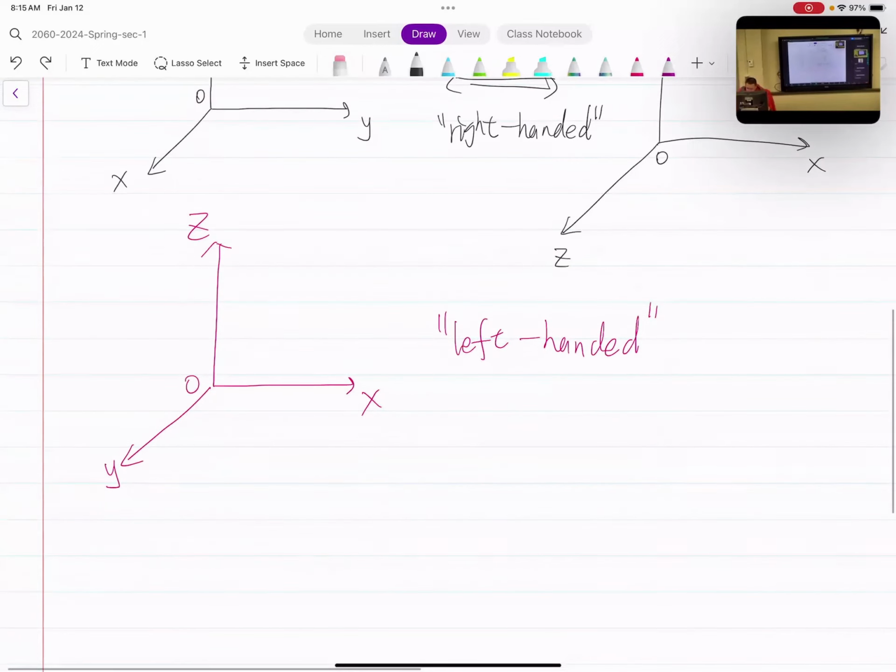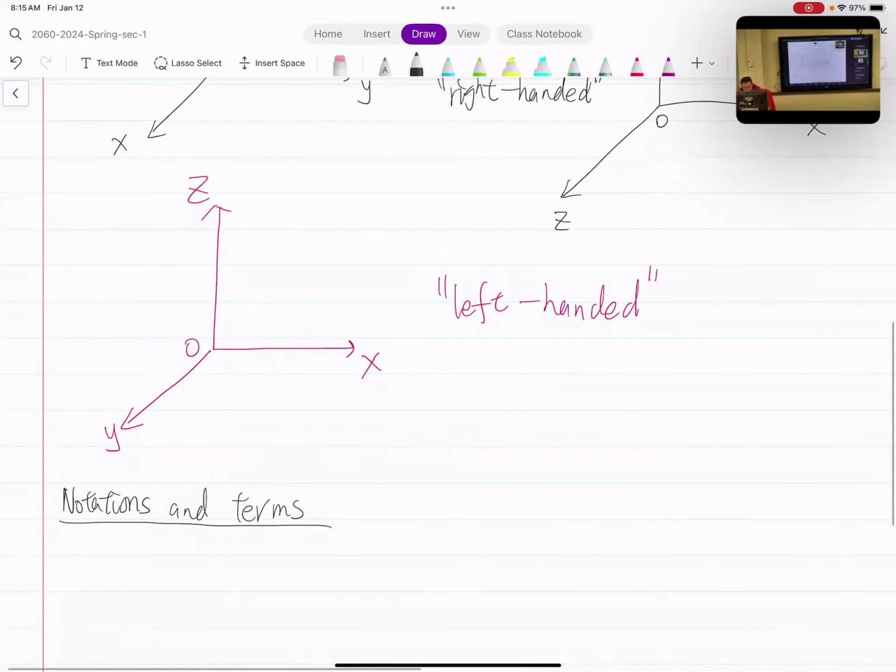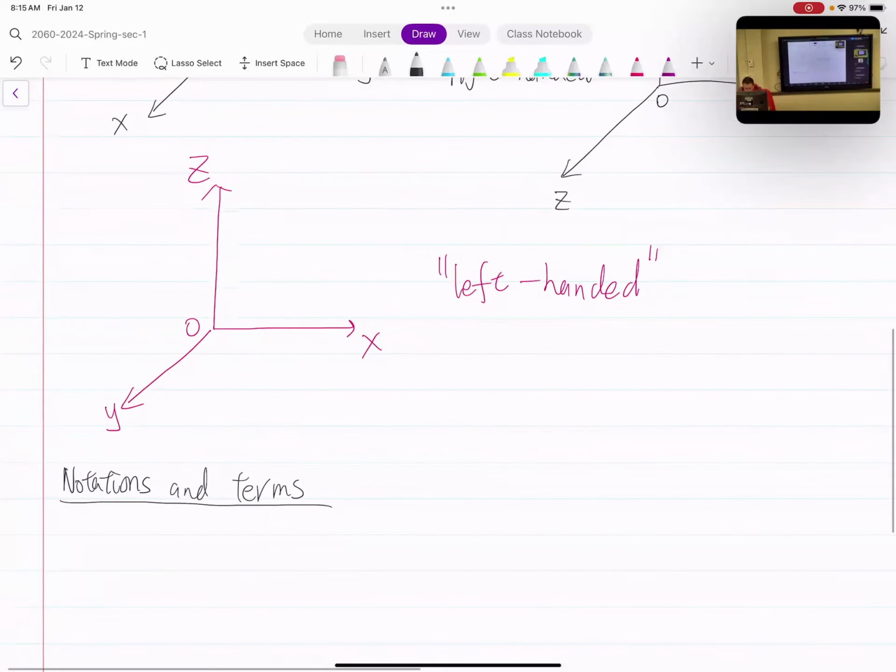All right, now notations and terms. Usually we would notate the three-dimensional space as R3.